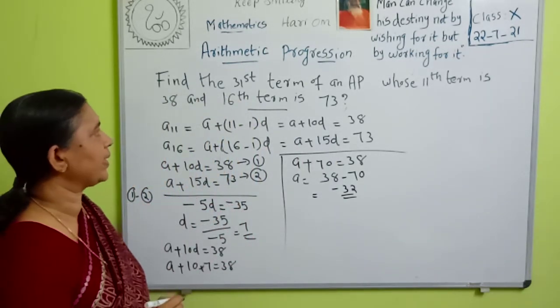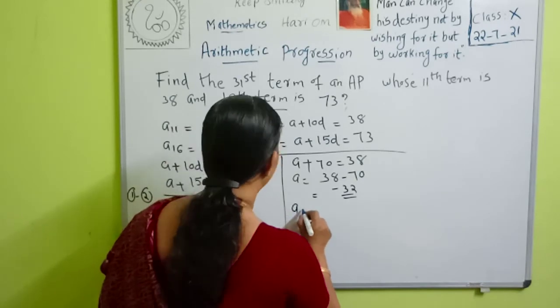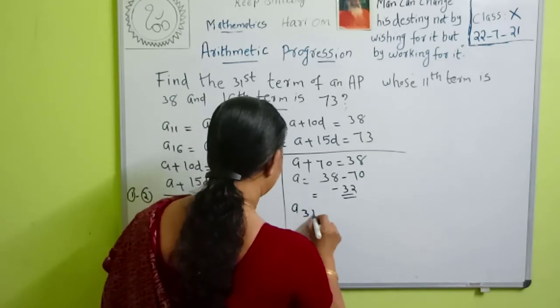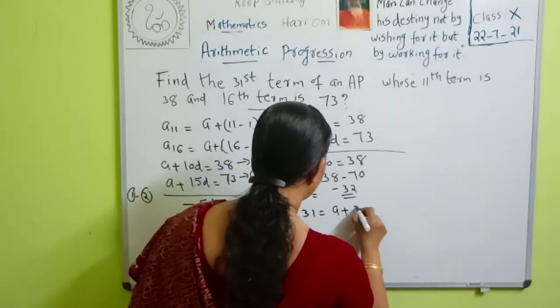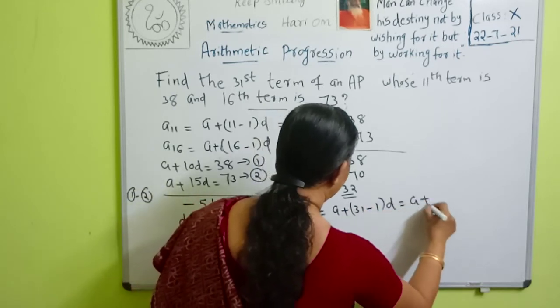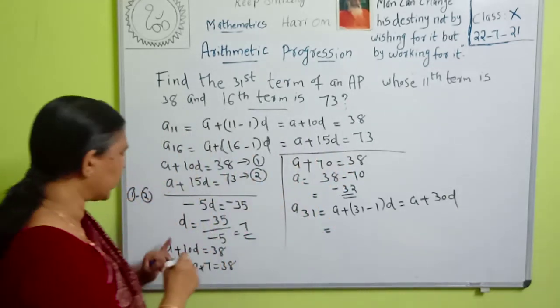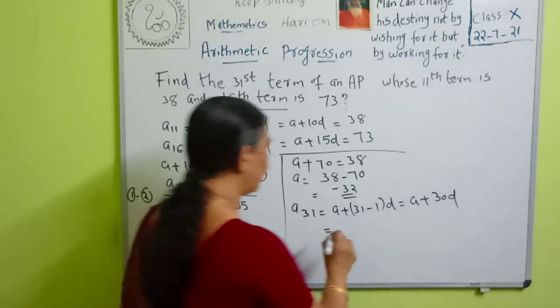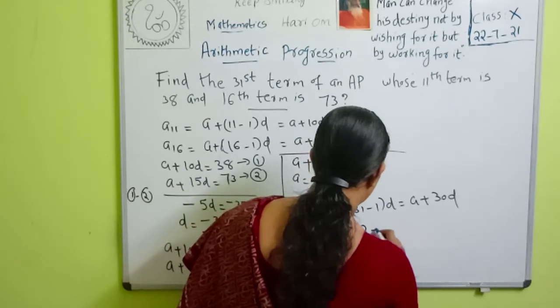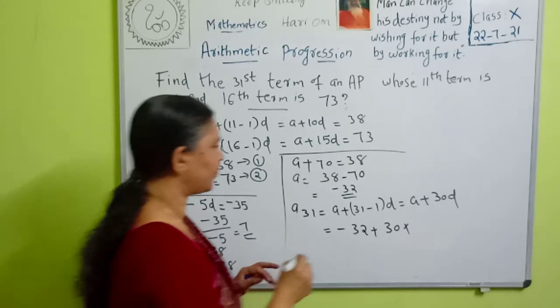Then we can find the 31st term of the AP. A31 is equal to A plus 31 minus 1 into D, or is equal to A plus 30D. Here A is equal to minus 32 and D is equal to 7.